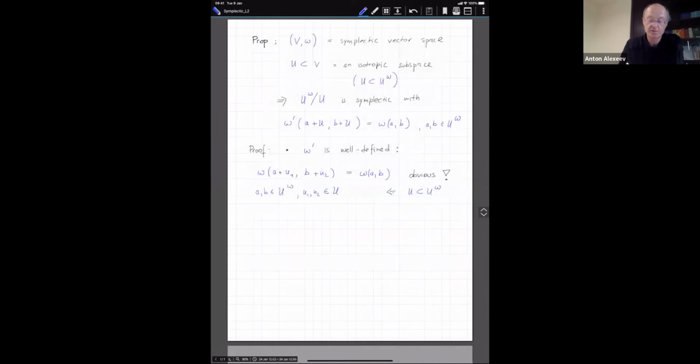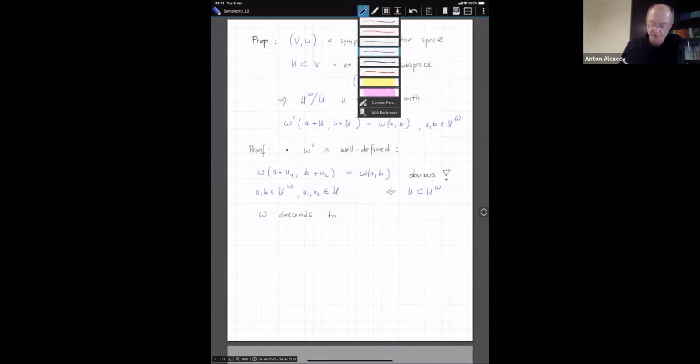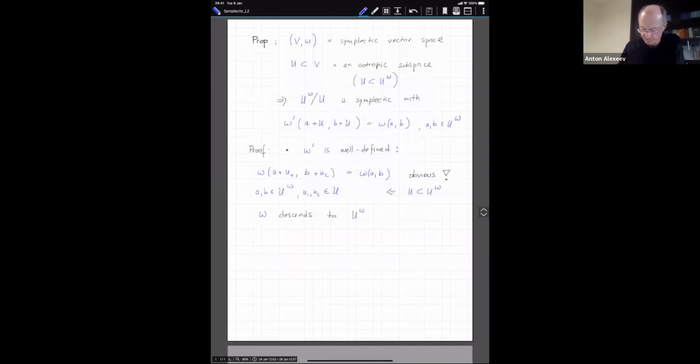So omega prime is well defined, and sometimes one also says that omega descends to the quotient space. This is just a language people use. All right, so omega prime is well defined.